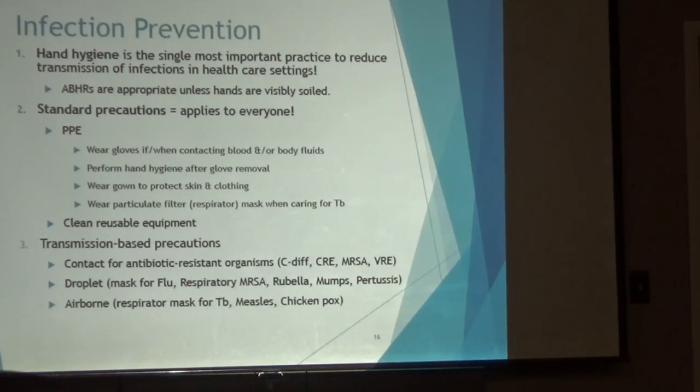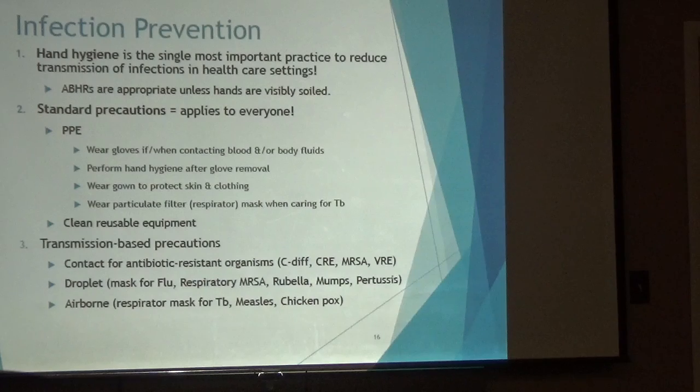In all my time here, I haven't had anybody. There was one case that we were potentially going to isolate, but we didn't need to, so just be aware of that. And then again, cleaning reusable equipment, not just your steth, but your tablet, your devices.